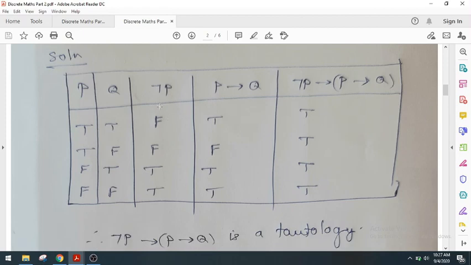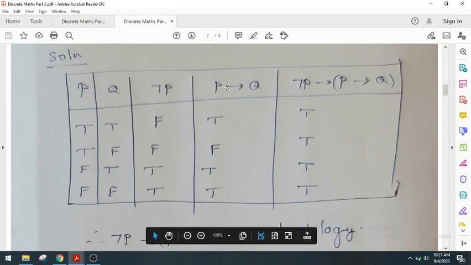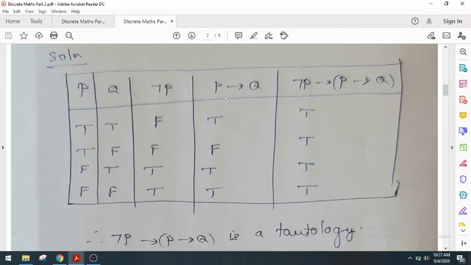Now, what is negation P? Already I have shown this in our first video, that's called part 1 of discrete mathematics. P is here, so negation P is T becomes F, T becomes F, F becomes T, F becomes T. Next, P then Q. P then Q means that if there is T in P and F in Q, then the value is F, otherwise true.